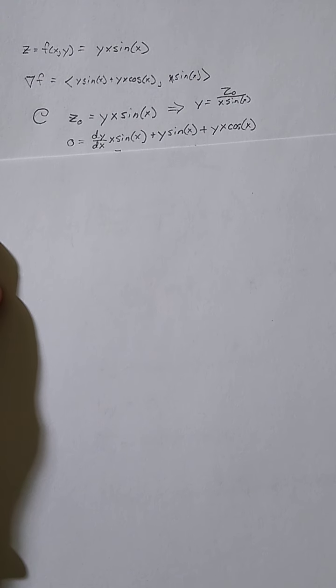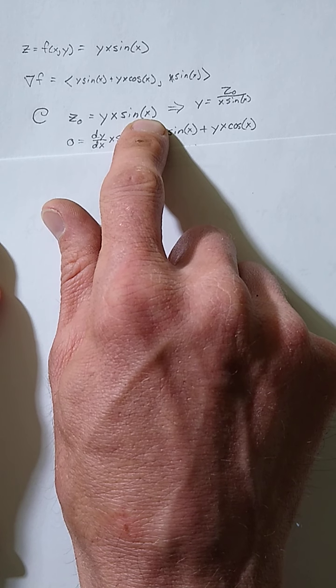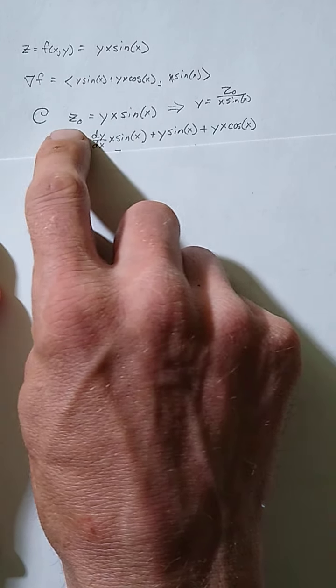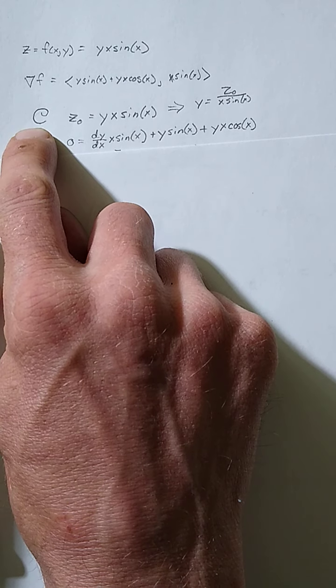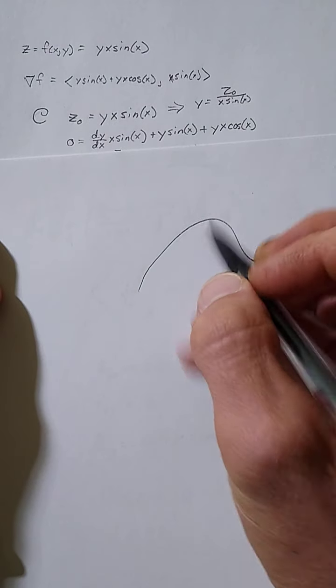Conversely, a different way of doing it is, what if we just took the derivative of this, assuming that y was a function of x? Sorry, so we have some kind of curve in space. We've got a curve.